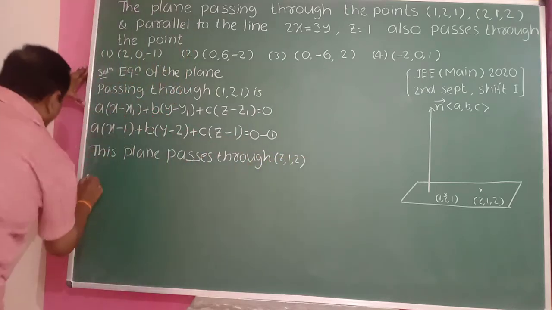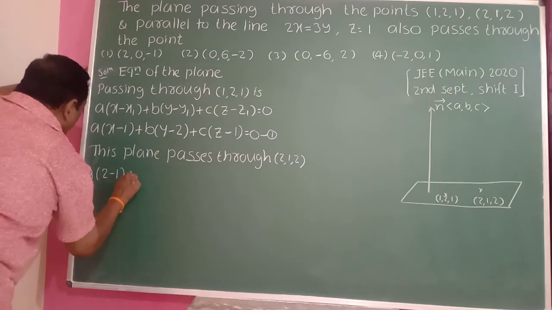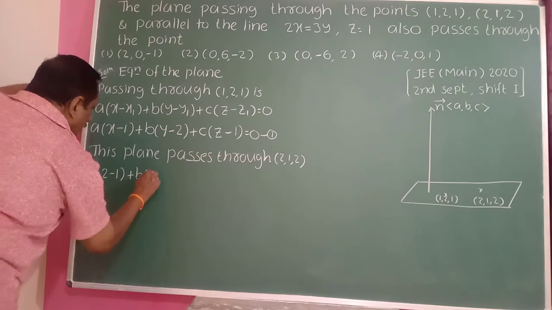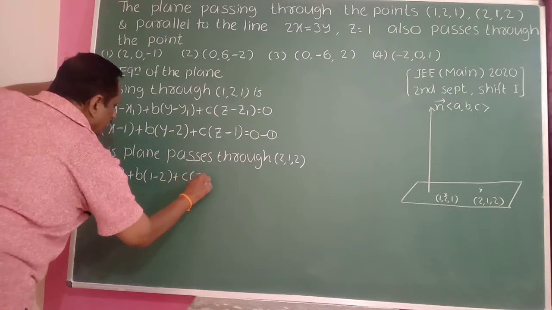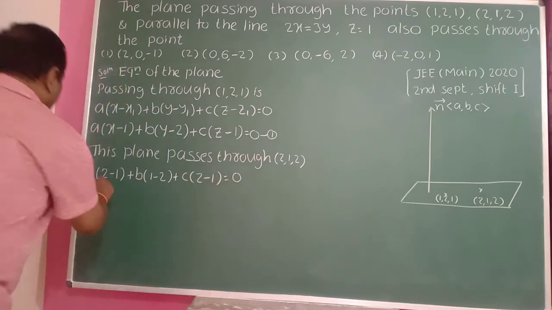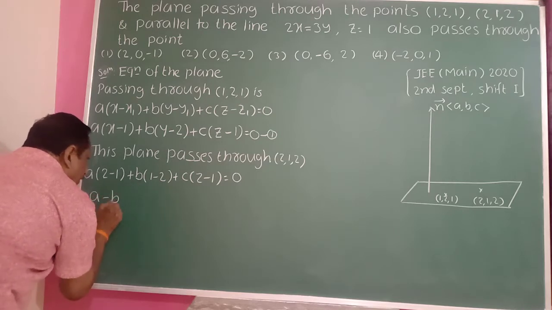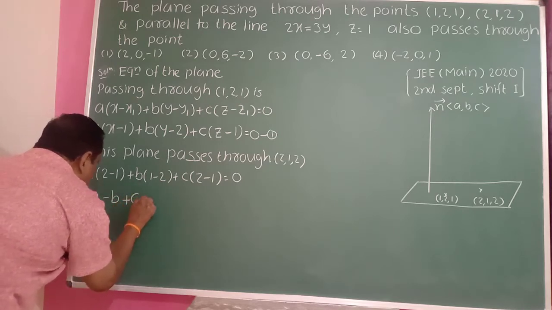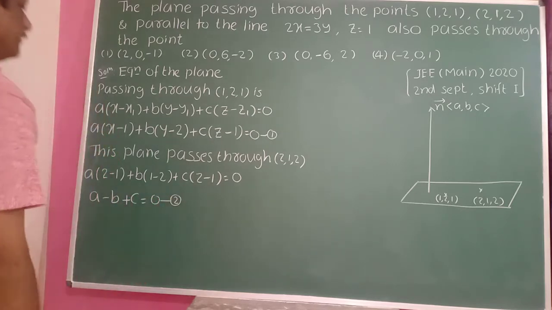So replace here: a(2 minus 1) plus b(1 minus 2) plus c(2 minus 1) is equal to 0. So 2 minus 1 is 1, and 1 into a becomes a. Then it is a minus b plus c is equal to 0. Take this as equation number 2.